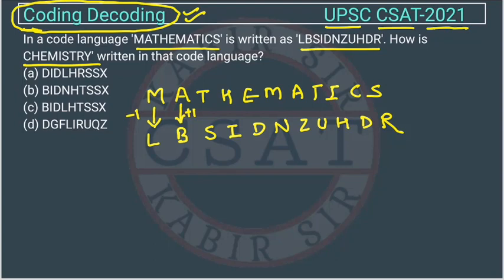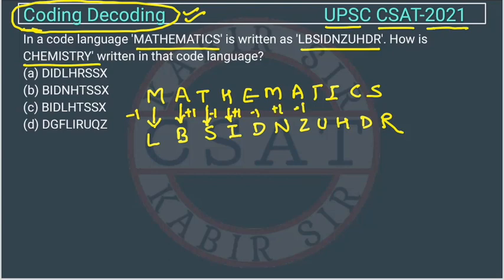So in the first position what is happening, -1, in the second position +1, and now T is converted into S. So this is again -1, right? Because S comes before T, right? And here this is again +1. So this is alternate +1 -1, right? So similarly here this is -1, similarly here +1, right? This is -1, right?